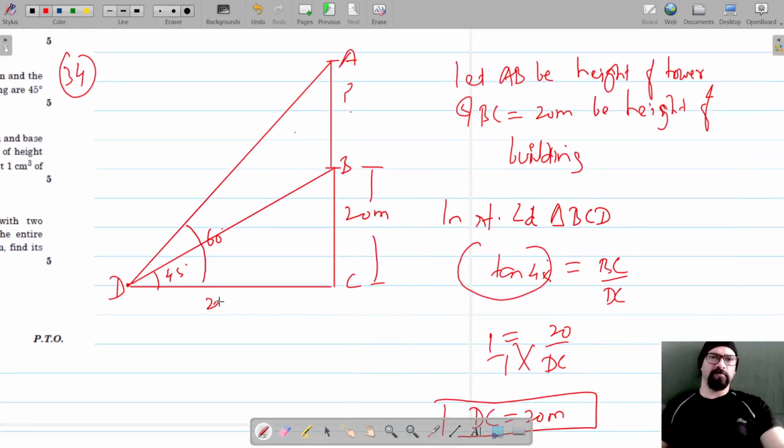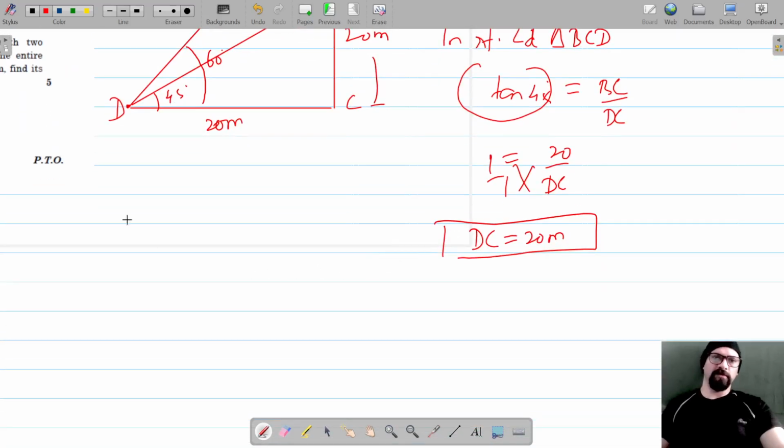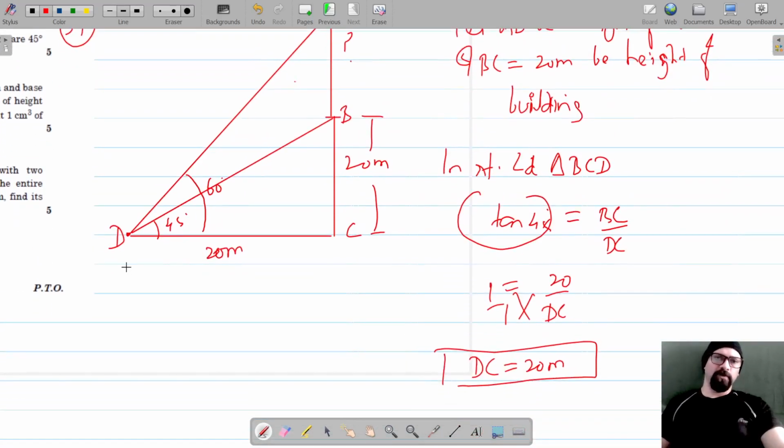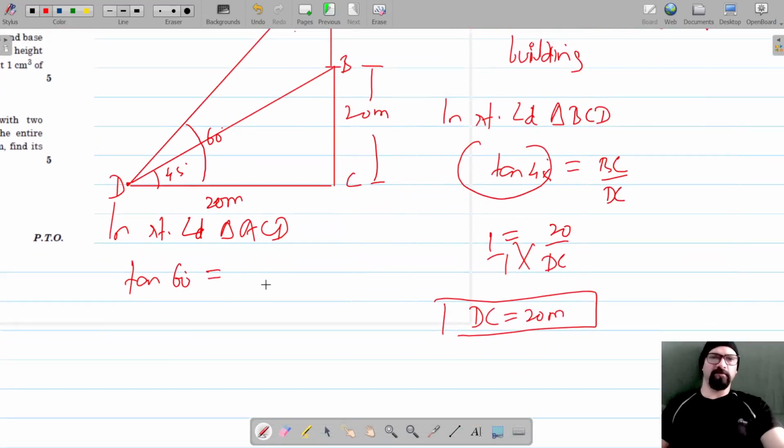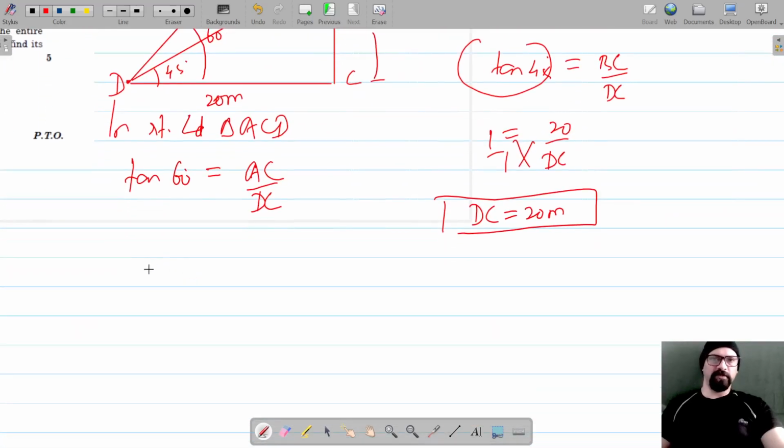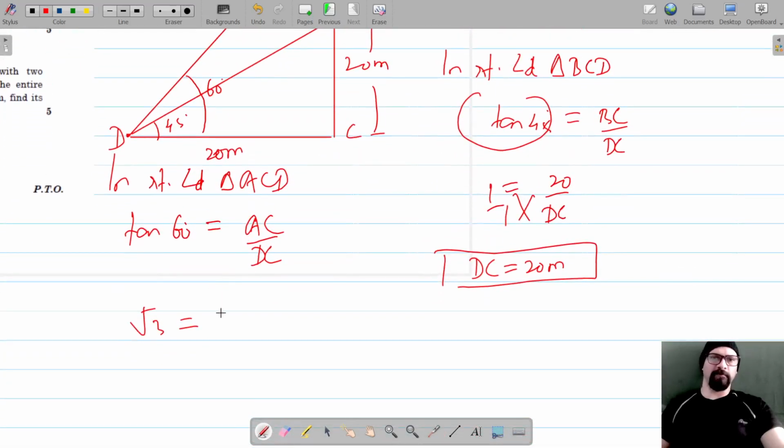So this is 20 meter, and now we are going to take the bigger right angle triangle. In right angle triangle ACD, once again we are going to use tan, but this time the angle is 60. So tan 60 is AC by DC. Now tan 60 is root 3 and AC is AB plus BC, and DC.